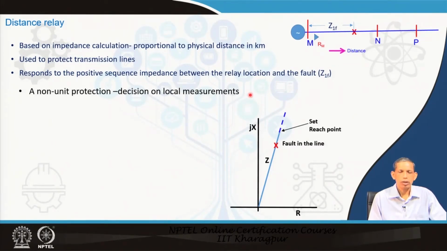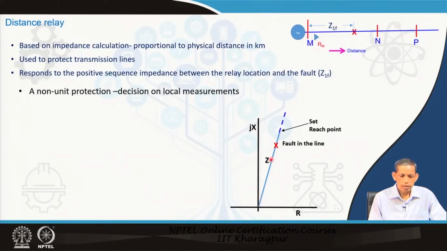Because this relay uses impedance, which you can show in the complex R-X plane, R is the real axis, the resistance in ohms, and X is the imaginary axis, the reactance part in ohms.